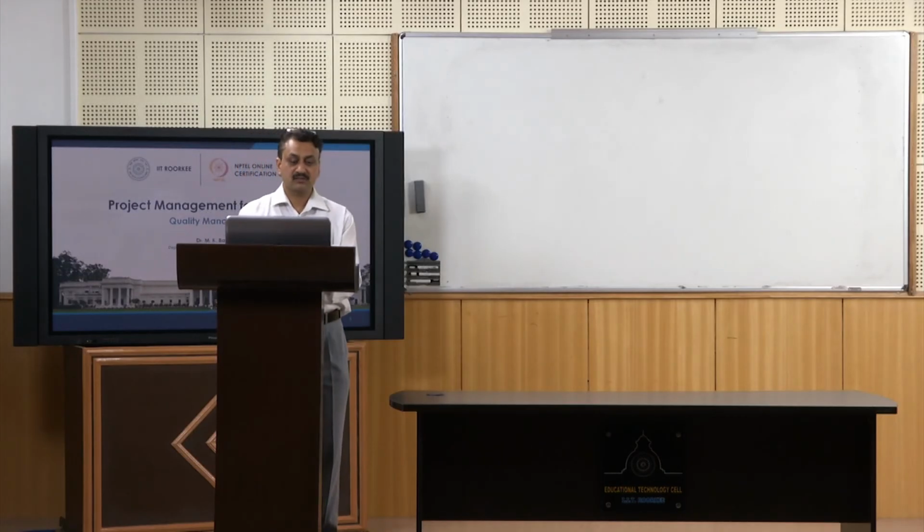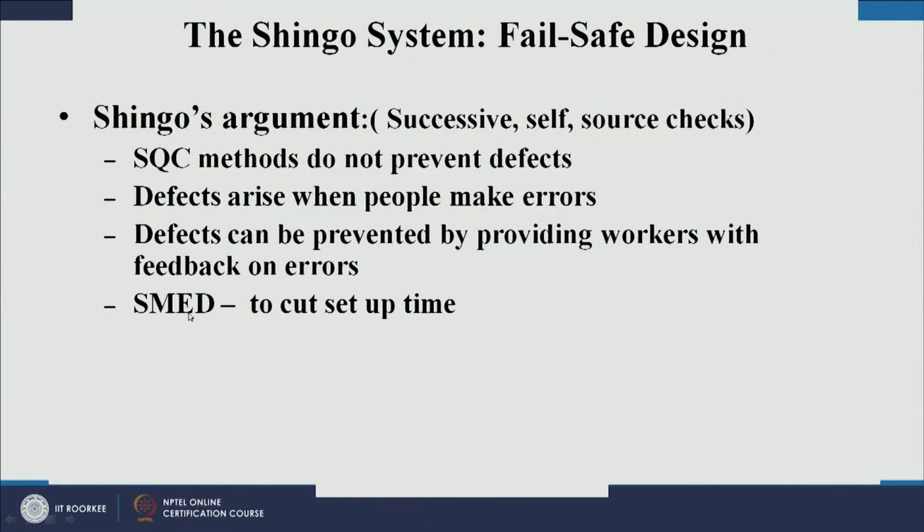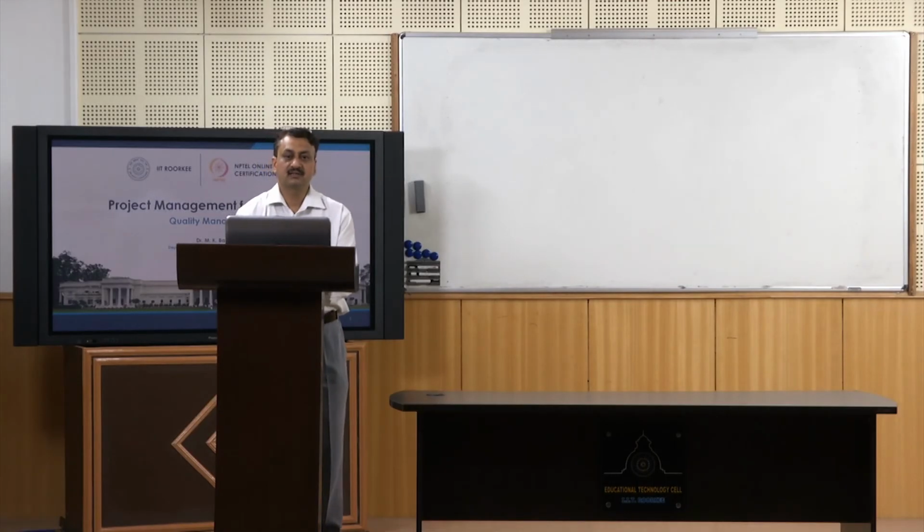He also focused on something called single minute exchange of dies. In fact, what happens in an assembly line is you have got different machines and different jigs, fixtures, and different dies also.